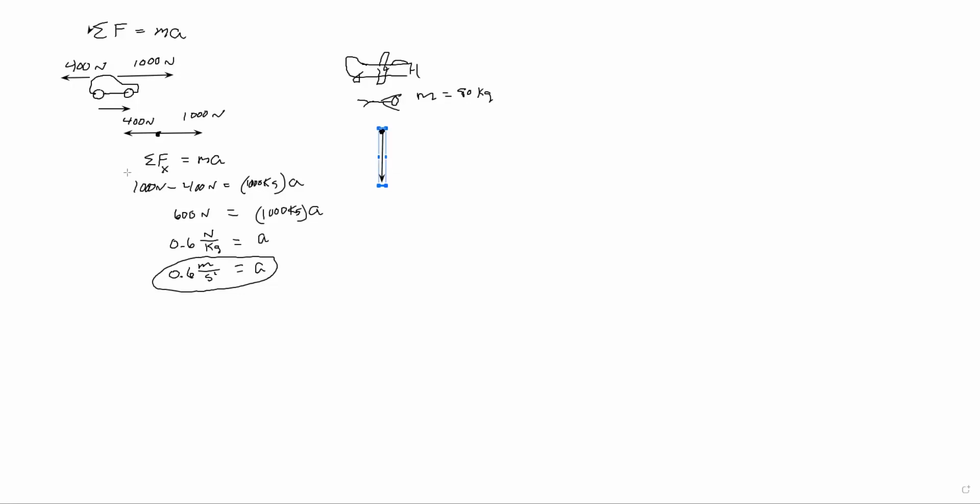I'm just going to say the force of gravity is their mass times the acceleration of gravity, mg. Now if we apply Newton's second law, F equals ma, the net force is in the y direction, up and down.